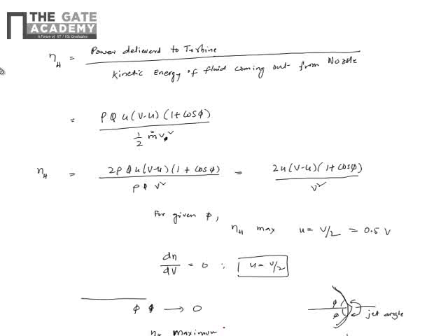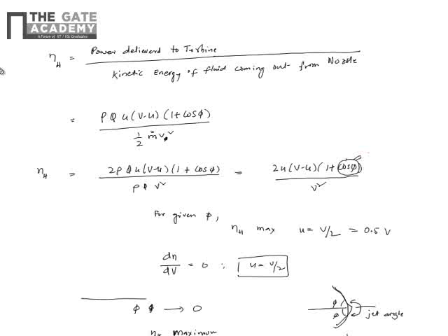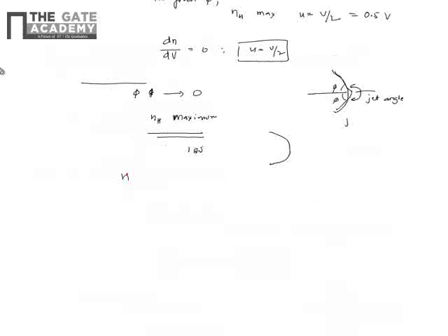That's why most of the time we have a semicircular vane, where the jet deviation angle is close to 180. When phi is 0, the cos phi term comes to 1 and it becomes 4u. This happens for a semicircular bucket.